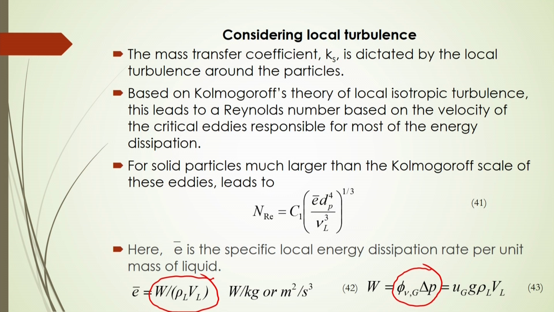Otherwise, you can calculate it from the velocity of the gas, the viscous velocity of the gas, the volume of the liquid inside the bed and the density of the liquid. Once you know this, it will be very easy to calculate the Reynolds number inside the bed. And here one important coefficient is called C1. This parameter will give you the extent to which the mass transfer coefficient will change inside the bed.